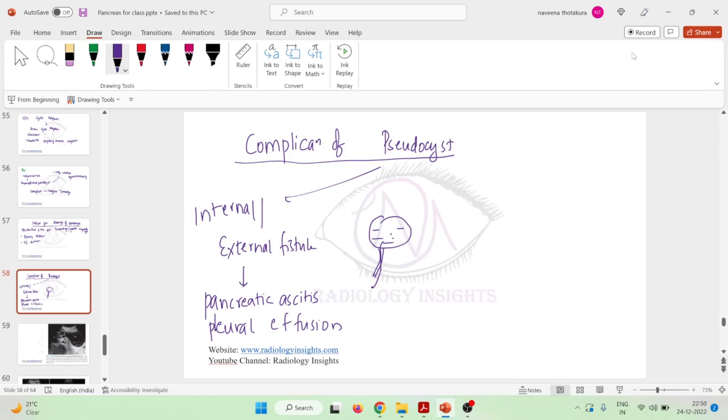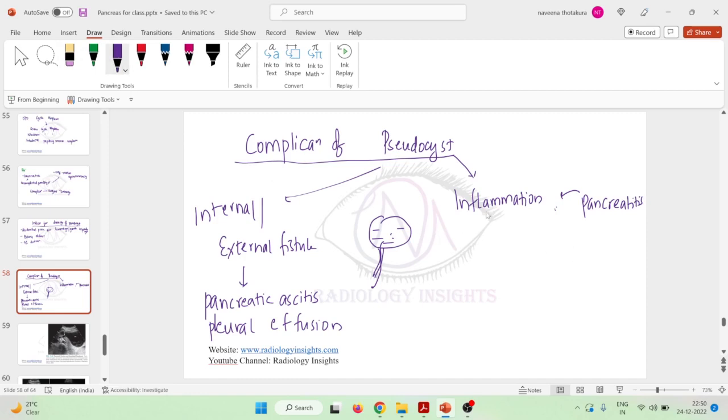In pseudocyst, one important thing is that inflammation is present. This inflammation can be due to the pseudocyst or due to pancreatitis.